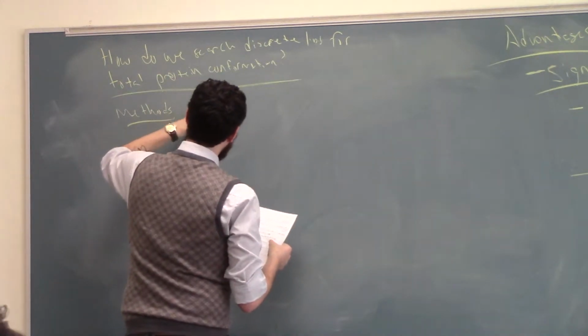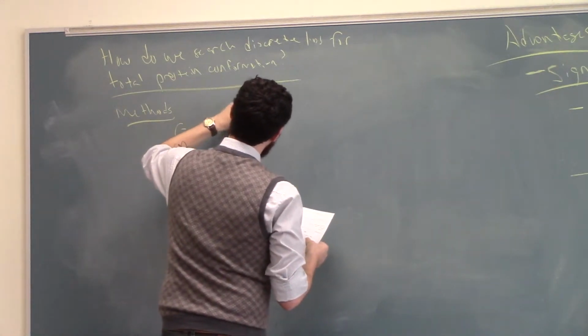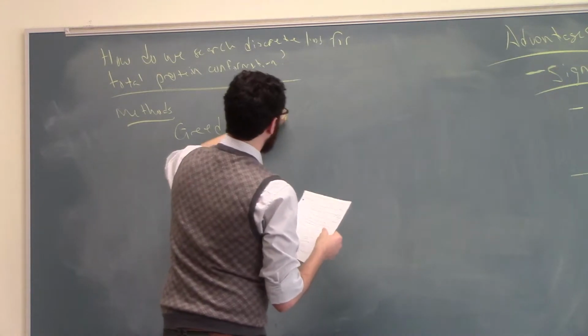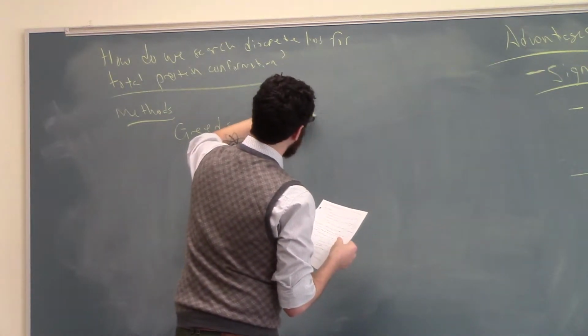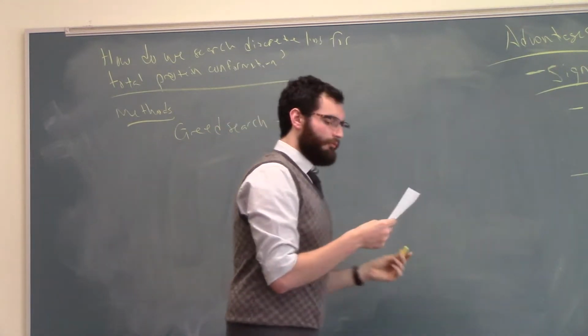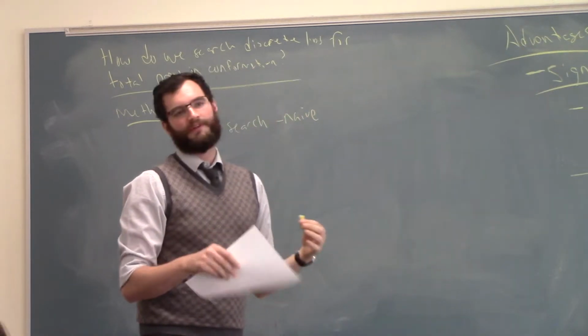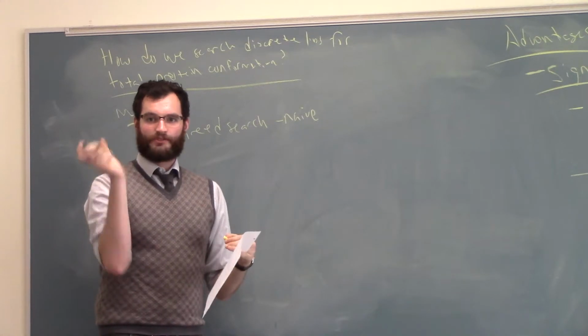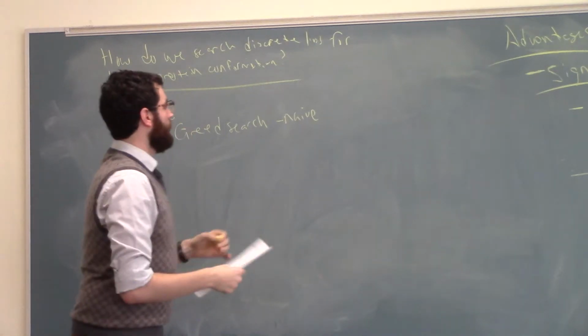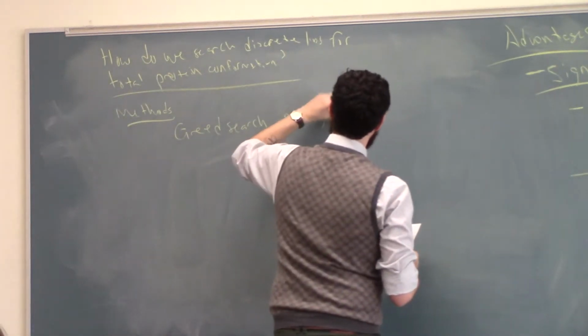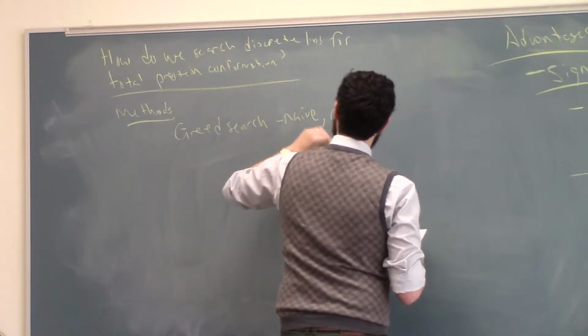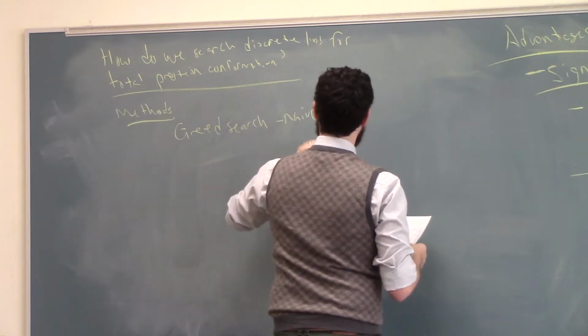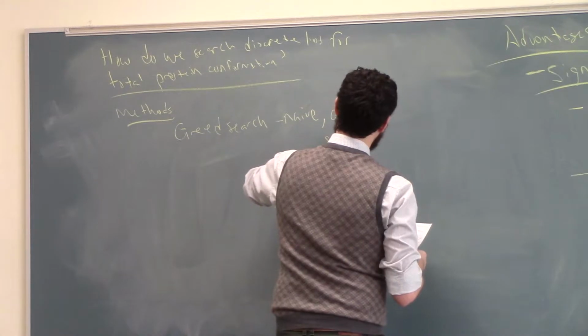The first is called a grid search. It's pretty naive. It's really going to be useful just for small proteins. It doesn't use rotamers. It just samples at a fixed resolution for each thing. So only small proteins.